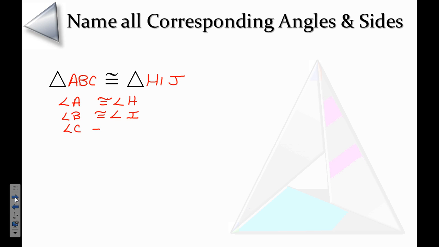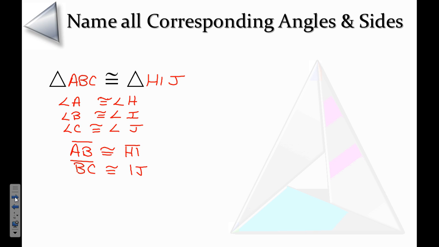Angle C, what do you think, Braxton? And we can do the same thing with the sides. Liz, which side will be congruent to AB? There's AB. Which side's going to be congruent? So HI. Okay. T, which side is going to be congruent to side BC?